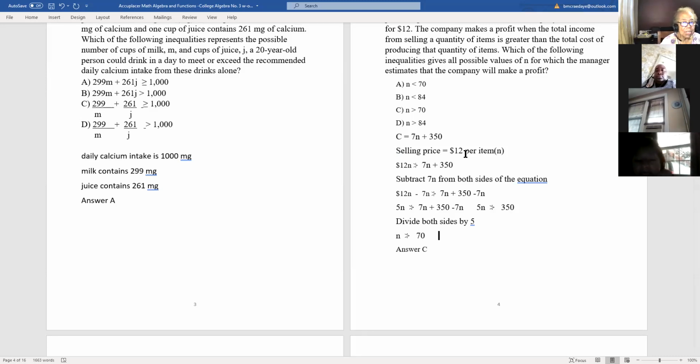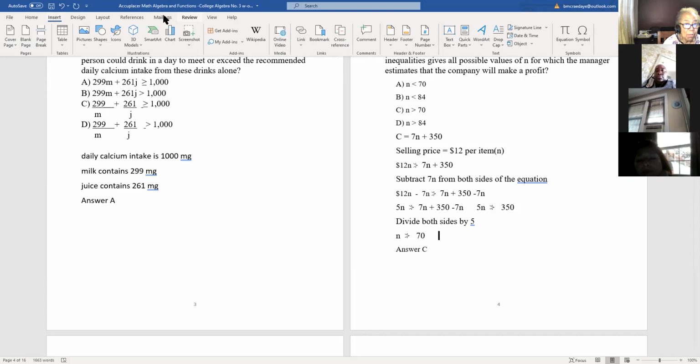What sign is that one? Greater, and it has the dot by the side. No, it should just be greater. Where I copied it, it had the dot. But let me just put one in here for you.